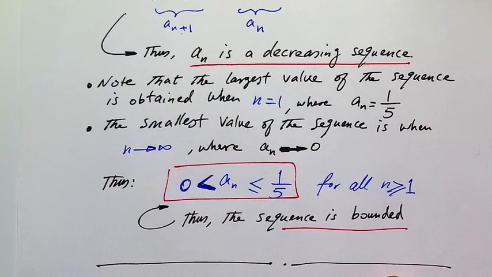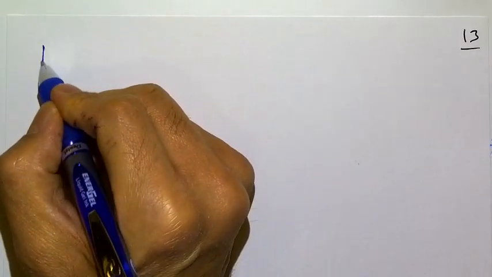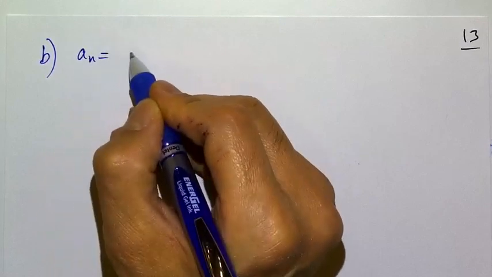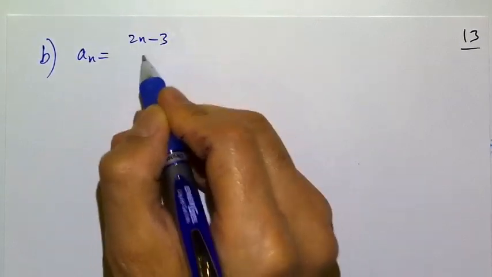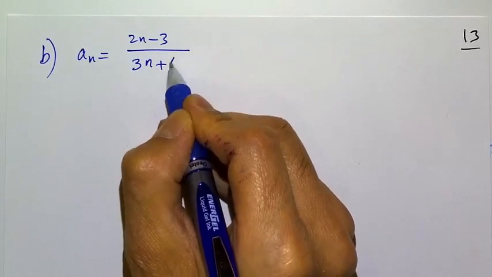So let us do maybe another example of this kind. Again, this is in the same context as the previous problem. So I'm just going to call this part B, where our sequence is equal to 2n minus 3 divided by 3n plus 4.